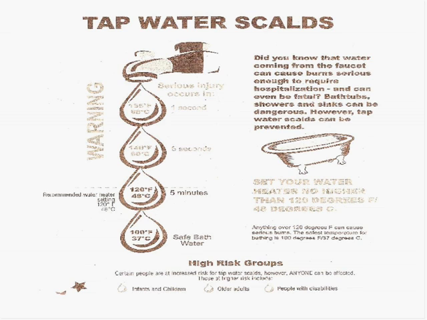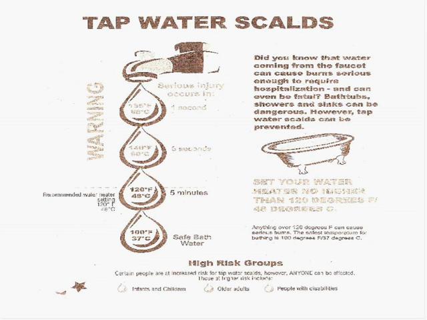The thermostat is set at 120 degrees. And you can see that even at the recommended water heater setting of 120 degrees, you could have a serious burn injury in 5 minutes.